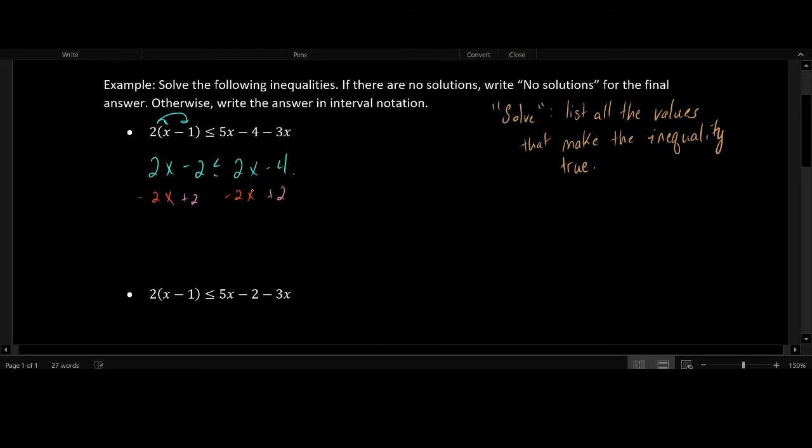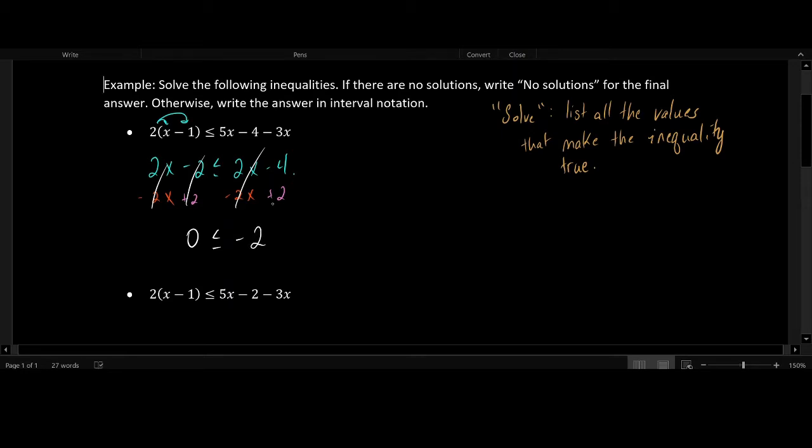2x minus 2x cancels out. On the left side, negative 2 plus 2 cancels out, and so on the left-hand side, all that remains is 0. On the right-hand side, the 2x minus 2x has vanished, canceled out, and negative 4 plus 2 would be equal to negative 2.